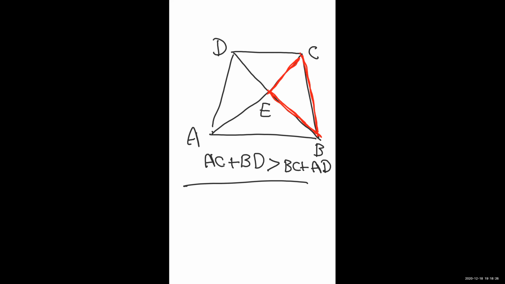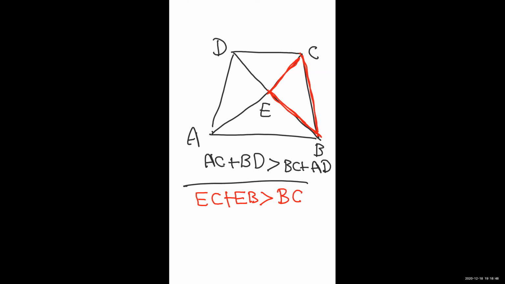This one is a triangle, right? So this means EC plus EB is greater than BC, of course. Are we okay till now?